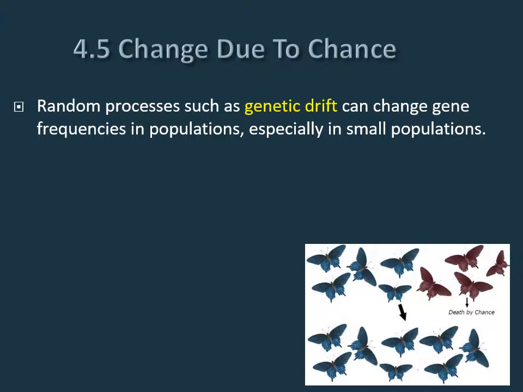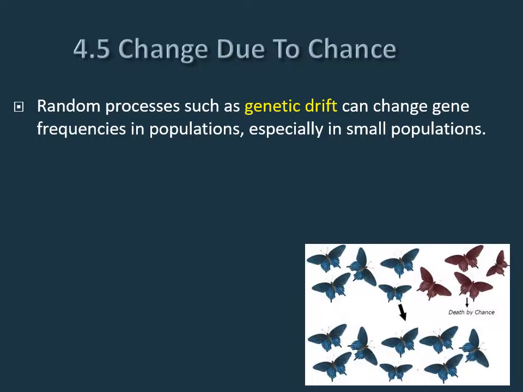So far we talked about change in a population due to natural selection, or due to one trait being favored more than another. There's also a type of change that's due completely to chance, and one example of this we see through genetic drift. Let's say you have a population of red and blue butterflies, and the red butterflies just happen to be flying in this one area over here, and the blue butterflies are flying over here, and a flood comes through this area right here, and the red butterflies just happen to get wiped out by the flood, and all that you're left with is blue butterflies.